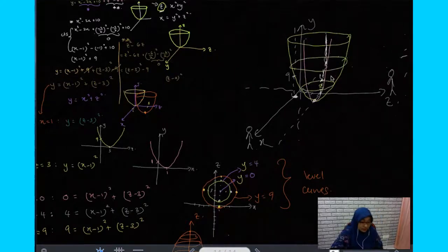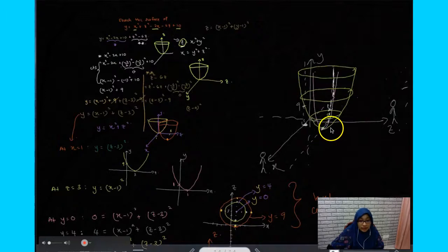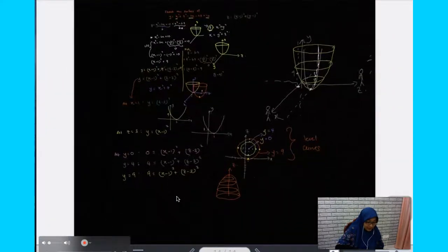So that is your bowl. Now it's shifted to x equal to 1 and z equal to 3. So that is your sketching now. This is our expectation just now, and now you can show it from all the steps that you have provided there.